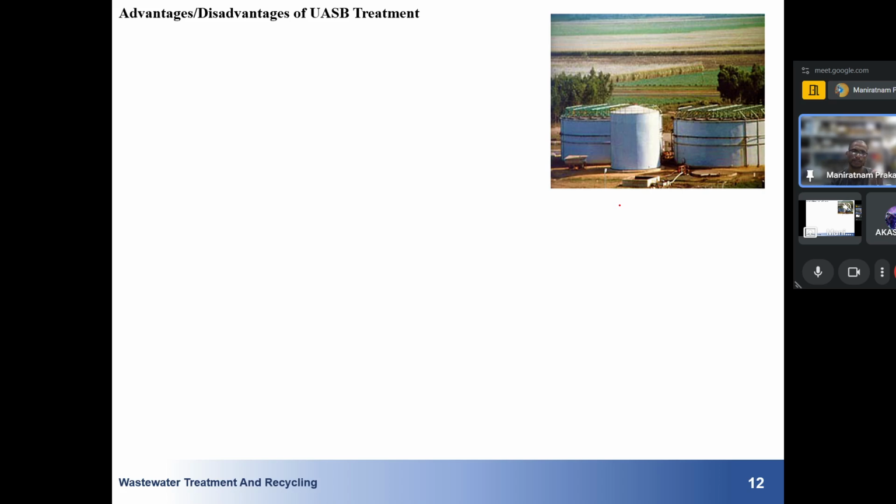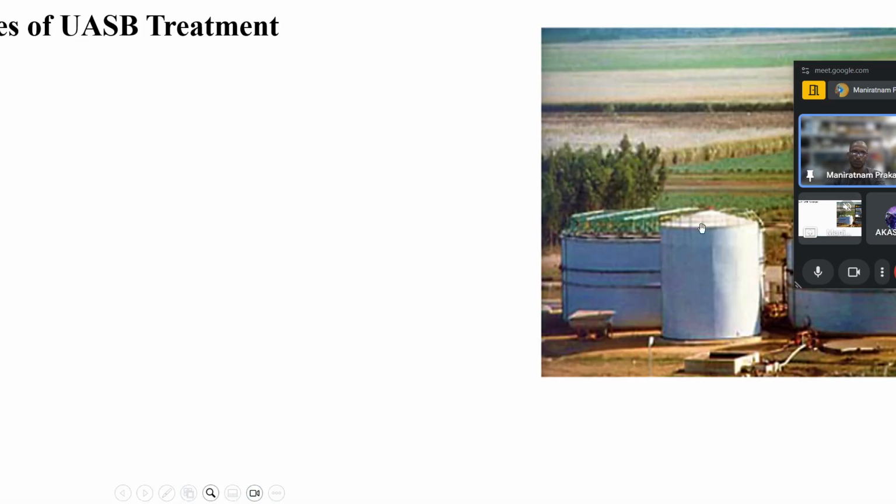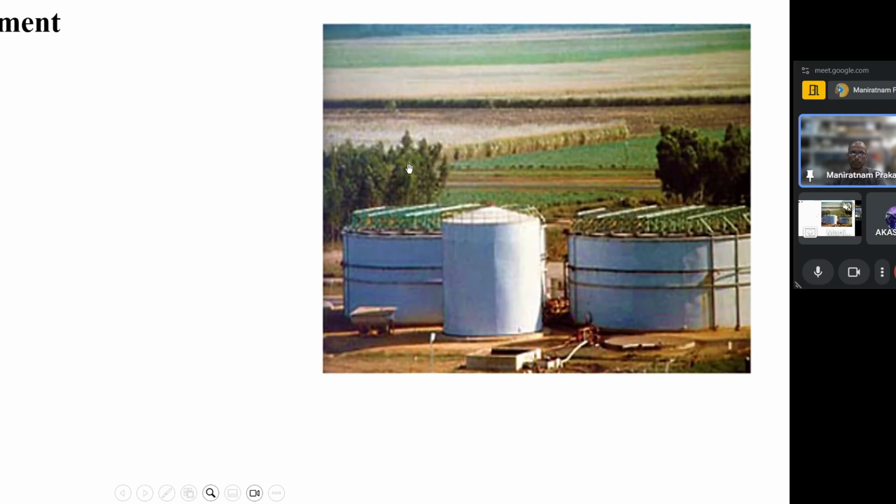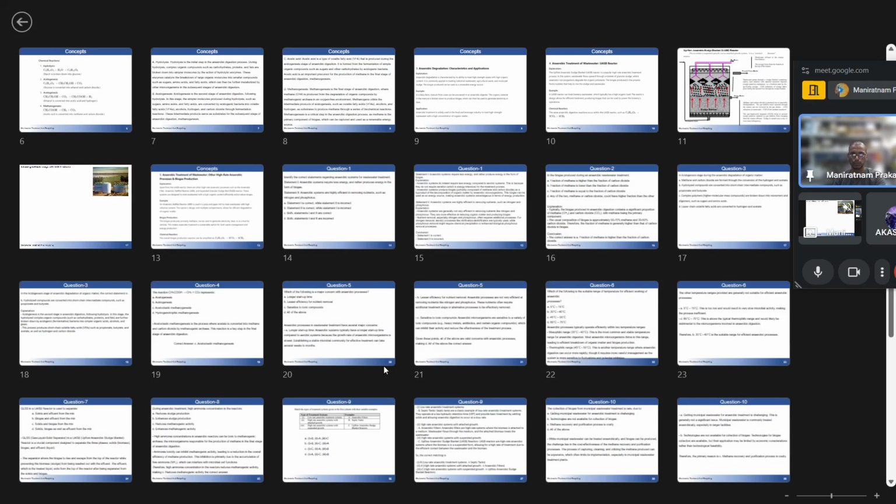It's not only in Kanpur, I have been to two or three wastewater treatment plants and seen this UASB there. It is very large, very big. You can see in the picture how big this arrangement is. This is the upflow anaerobic sludge blanket reactor, so you can see how quite big it is.